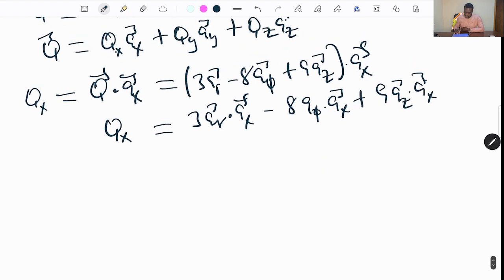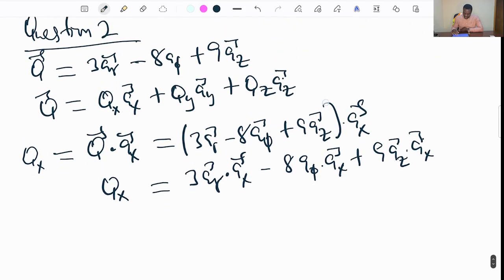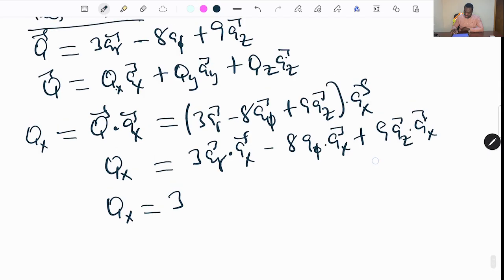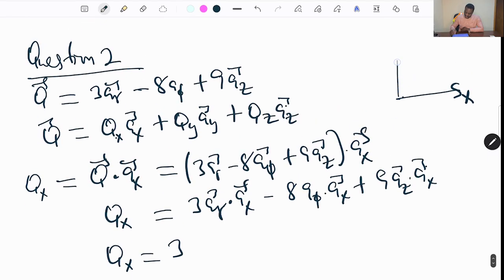Now let's continue. We have to find the dot product of a_rho and a_x, the unit vectors. So how do we get this? The table there is given, you can use it. But from experience, you can just sketch something of this nature. I sketch my x-axis here, then I have my y-axis.